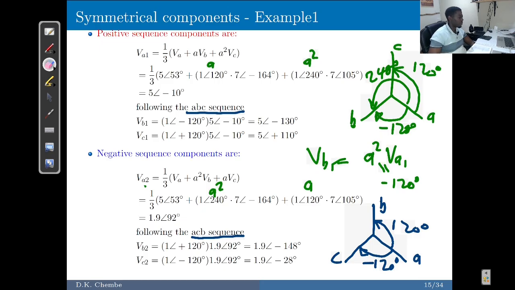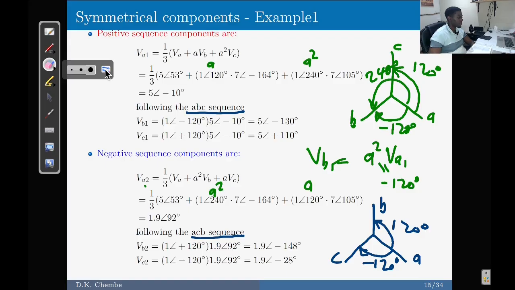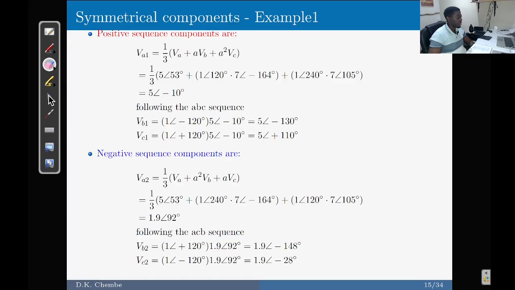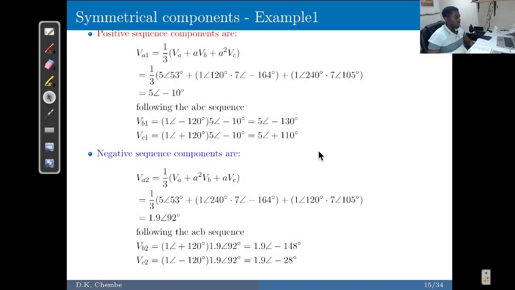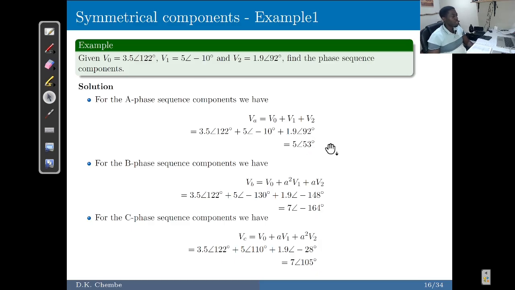Before I move on to the next example, let me just clean up the board. In the next example, it's the opposite. In this one, you have been given the sequence variables: the zero sequence variable V0, the positive sequence variable V1, and the negative sequence variable V2.